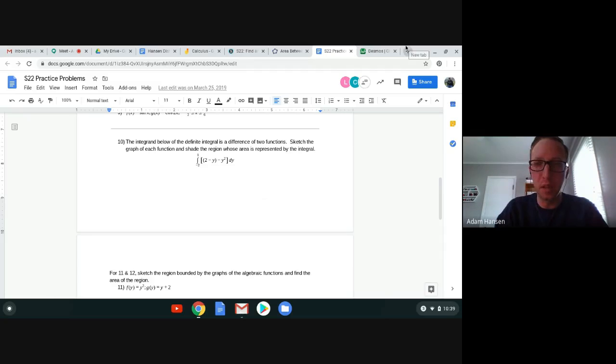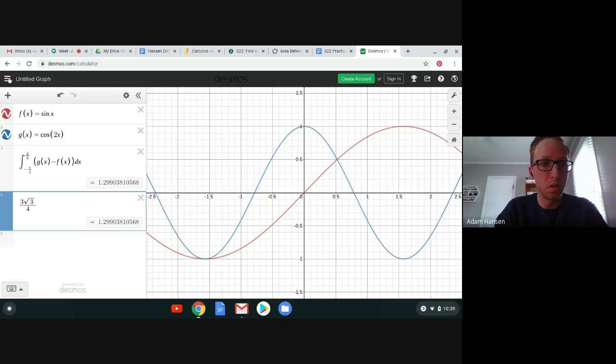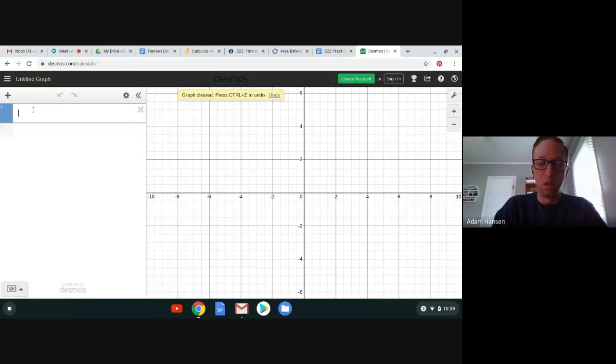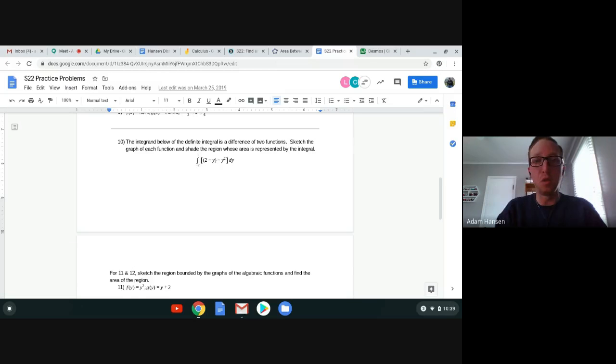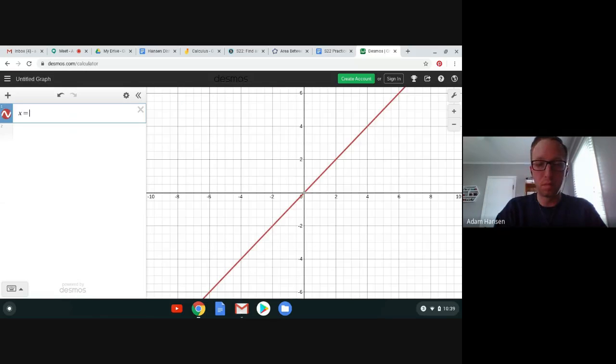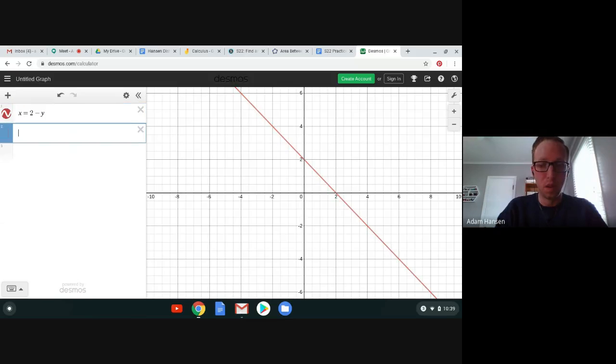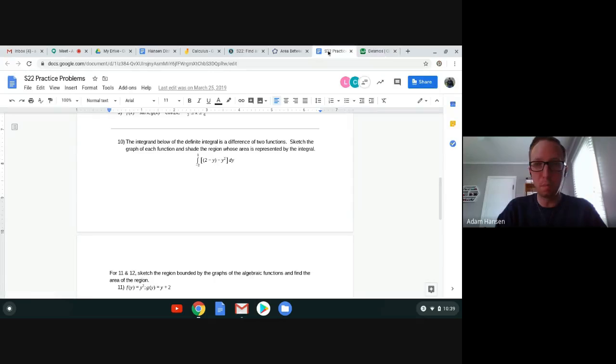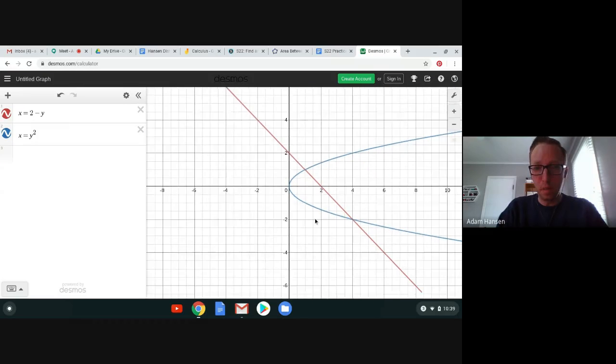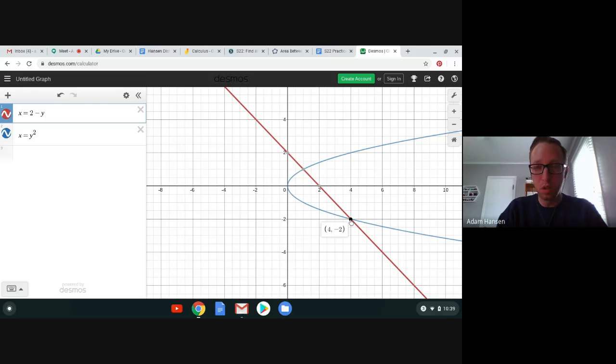Well, I'm just going to take an assist from Desmos. We have the two functions, x equals 2 minus y, and x equals y squared. It would look like between negative 2 and 1 on the y-axis, the region that we're interested in for our area between the two curves is this portion in the middle.